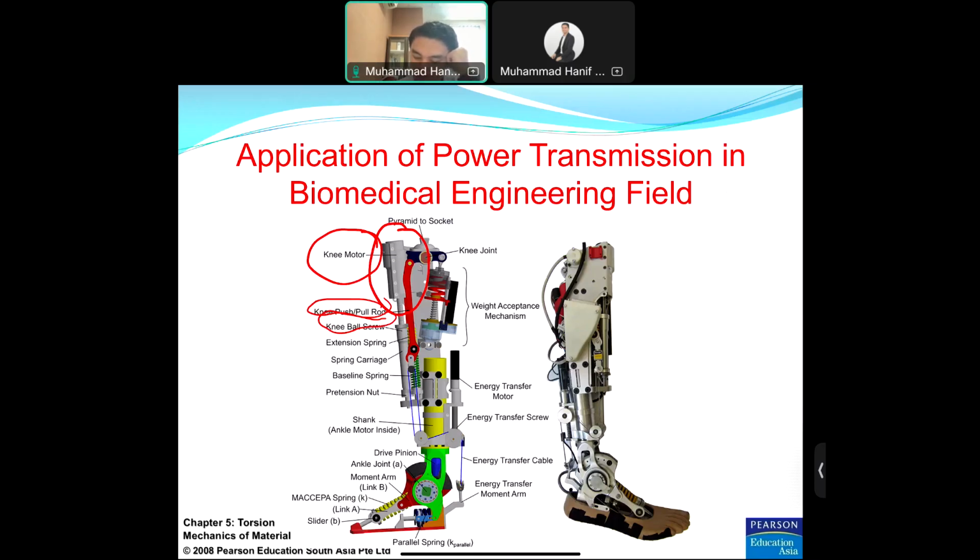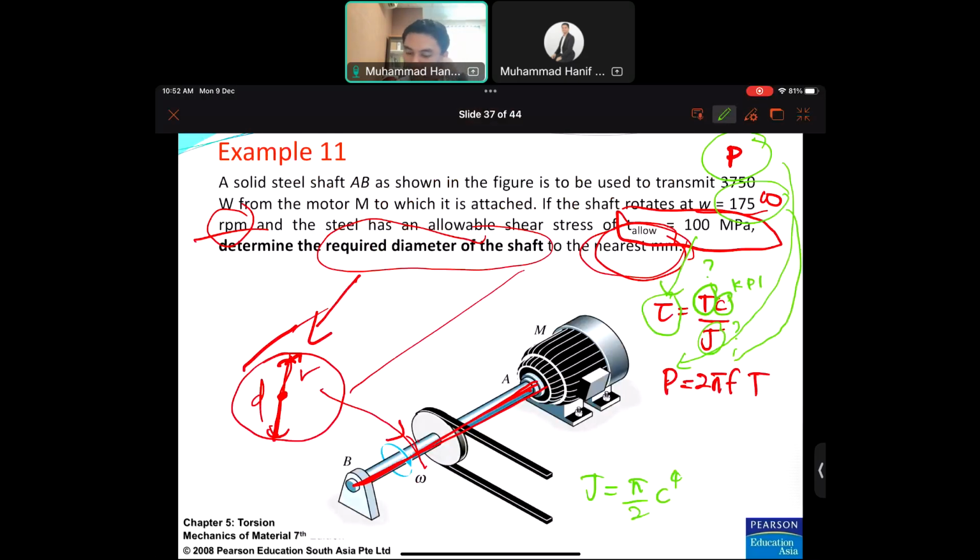But the information that we can use is P and also the omega. P is related to this equation, omega is related to this equation. So P equal to T omega. Omega is given, P is given, so you get T. T can be obtained from this formula of P equal to T omega.